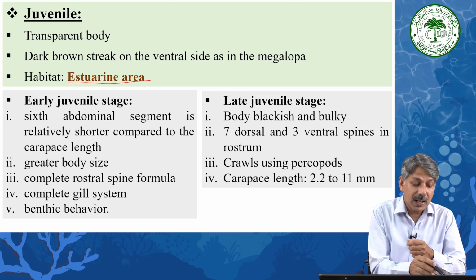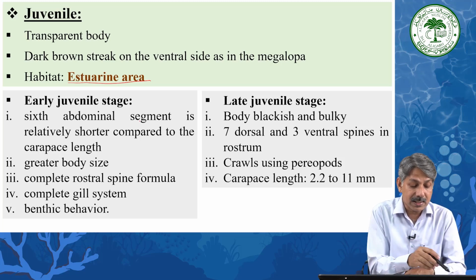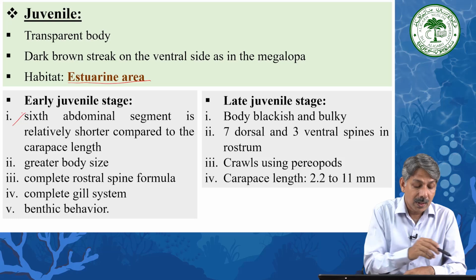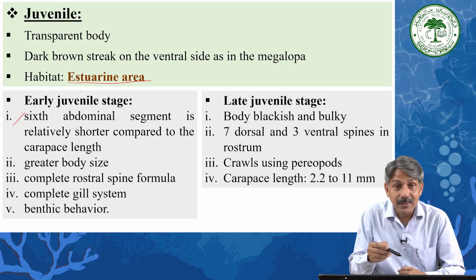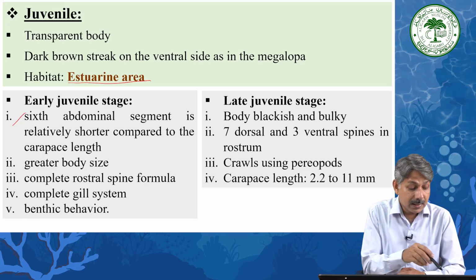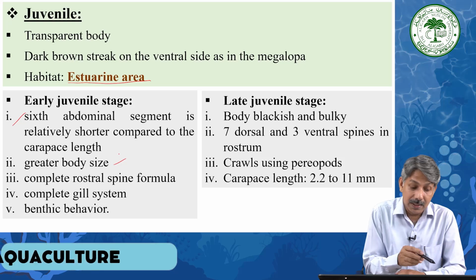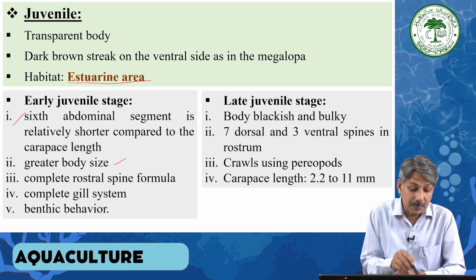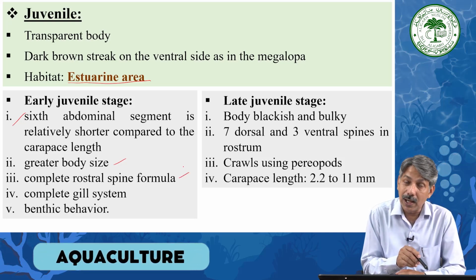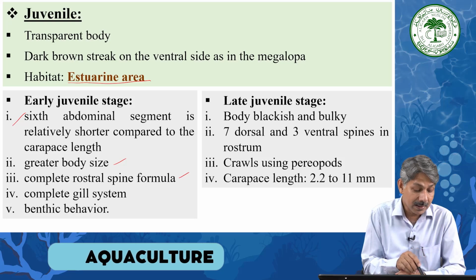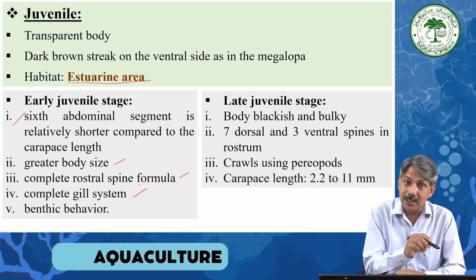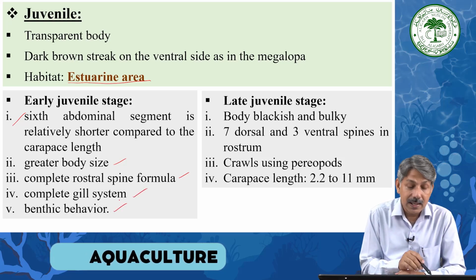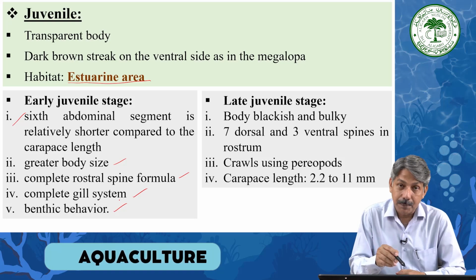In the early juvenile stage, the sixth abdominal segment is relatively shorter compared to the carapace length, and they have greater body size. A complete rostral spine formula you may get in early juvenile stages. A complete gill system is developed in early juvenile stages, and they are also benthic.